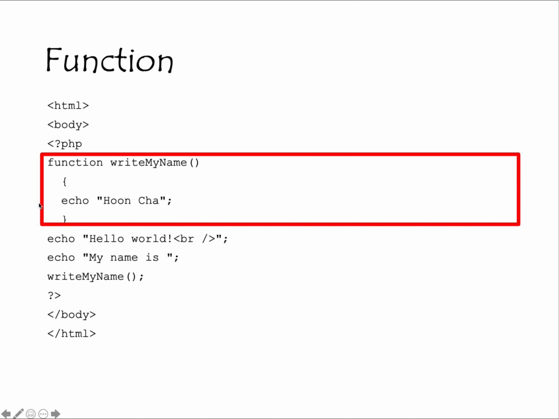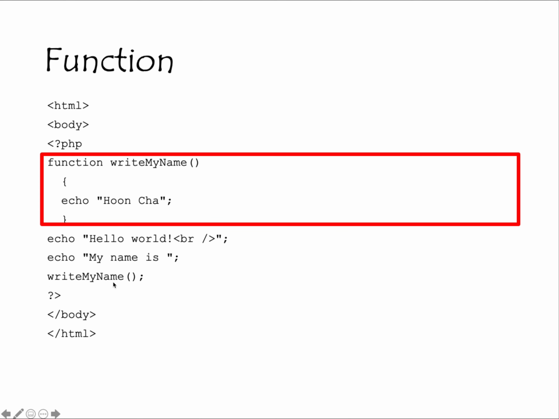So why are we making this function? Because a function is very similar to a loop. If there is a logic or a block of code that you have to repeatedly execute, you can make a function and you can call this function as many times as you want. So in this example, after two echo statements like hello world and my name is, we just call this function, write my name.